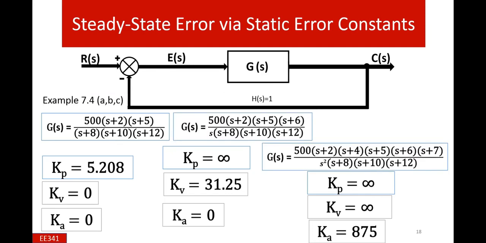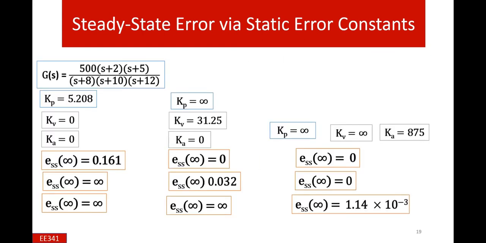For type 1 systems, Kp is infinite, the velocity constant Kv is constant, and the acceleration constant is 0. For type 2 systems, Kp is infinite, Kv is also infinite, and the acceleration constant is constant. The corresponding errors can easily be derived through this table.